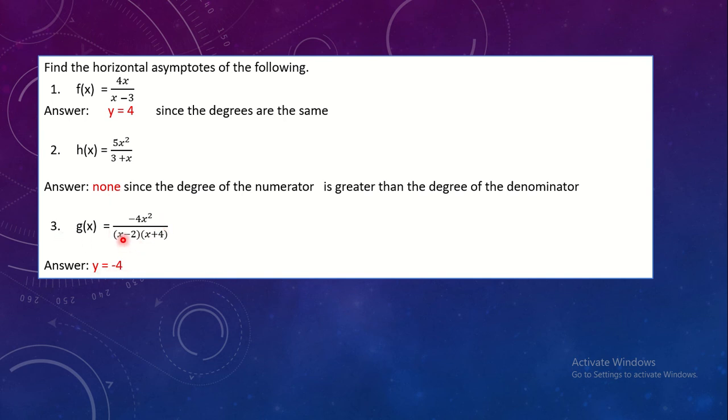Kasi, kapag sinolve natin to, x times x squared. So, parehas na sila, x squared. So, kunin mo lang yung number sa unahan, negative 4. Since 1 naman yon, negative 4 divided by 1, it's negative 4. So, our HA now is y is equal to negative 4.